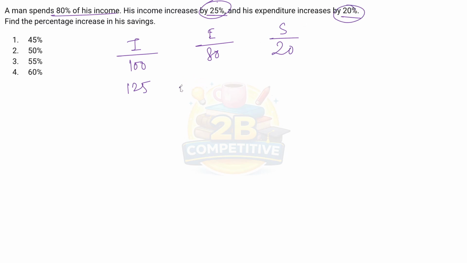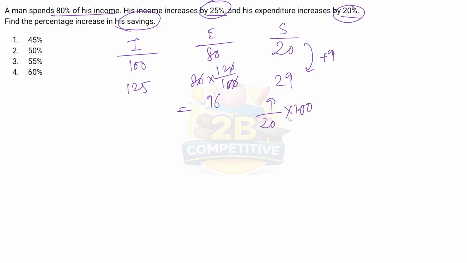Expenditure also increased by 20%, that means 80 into 120, that is 96. So savings will be 125 minus 96, that is 29. So net change is 9. So the savings change is 45%.